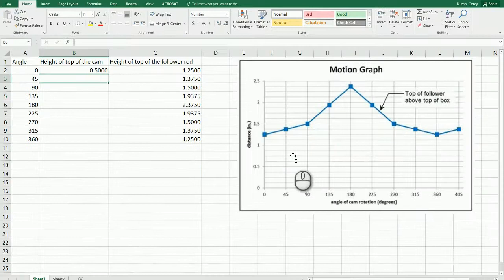So if we know that the height at the top of our cam is 0.5 and the height at the top of the follower rod is 1.25, we can see that there is a difference in these two of 0.75.